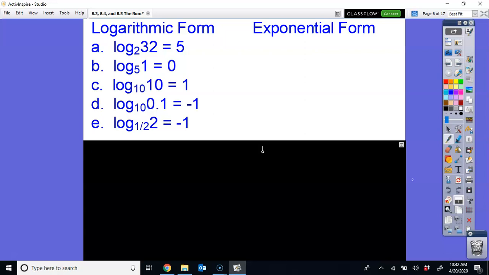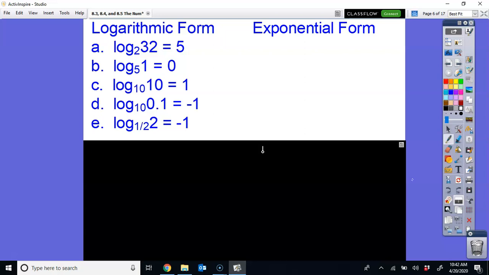Then what we're going to look at is doing an example together. So look at the first one, A. Log base 2 of 32 equals 5. That logarithm is already written out for you. What we're going to do is rewrite it into exponential form because we are practicing the definition, and it's going to help us with some other problems as we go through logarithms.